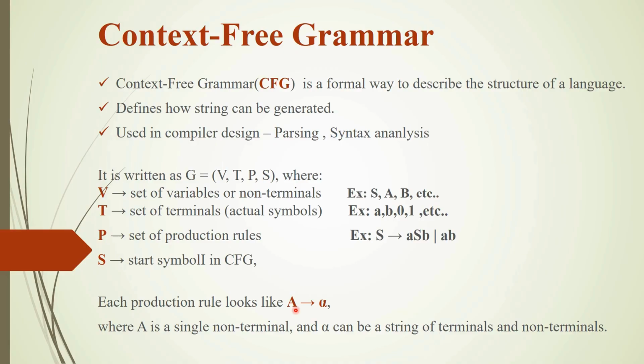You can't mention more than two symbols on the left side. Then you can see a, which can be a terminal or non-terminal or a combination of both terminals and non-terminals.